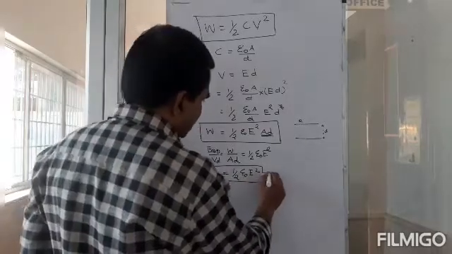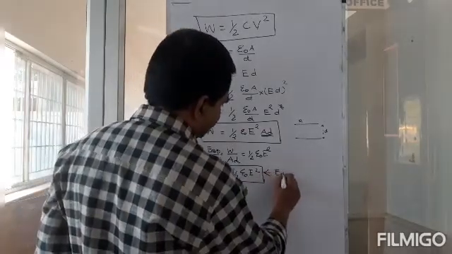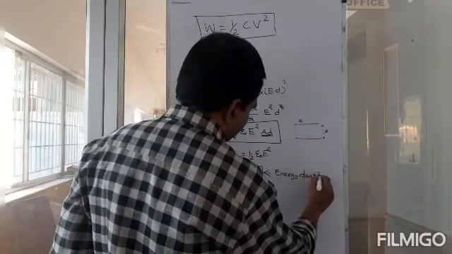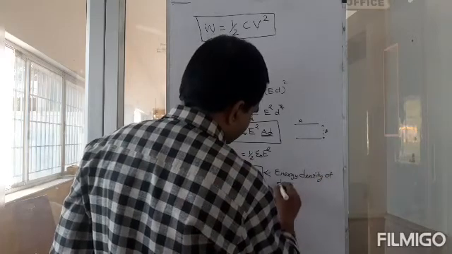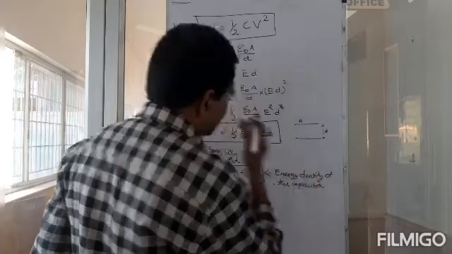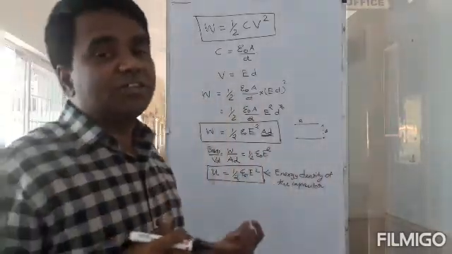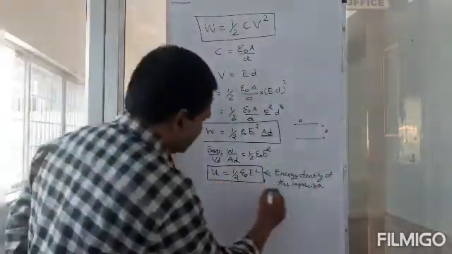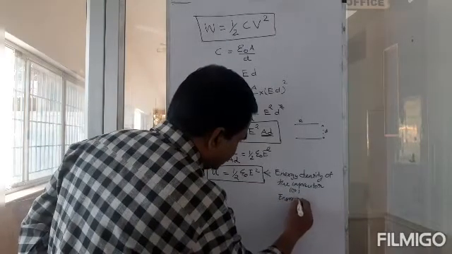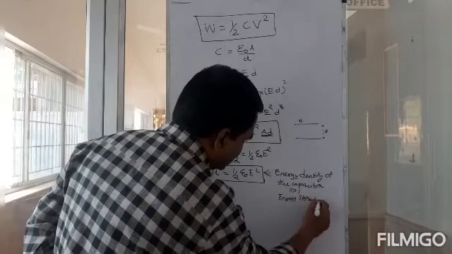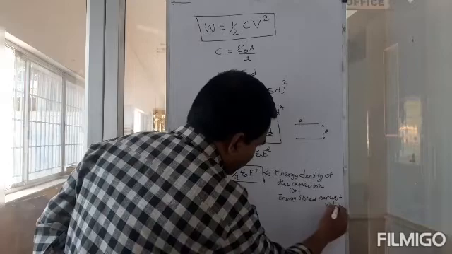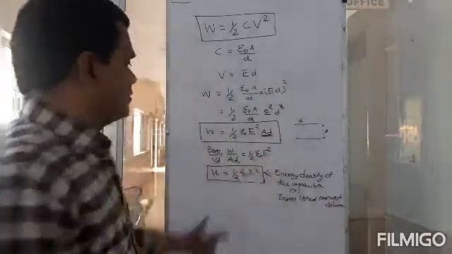So this is the energy density of the capacitor, or energy stored per unit volume. Both are the same.